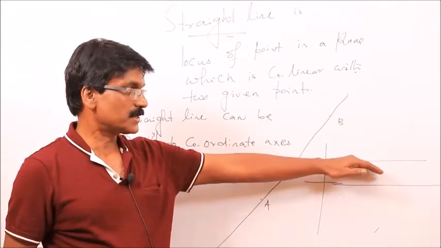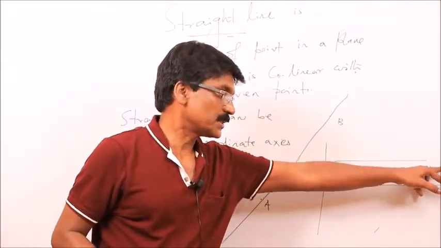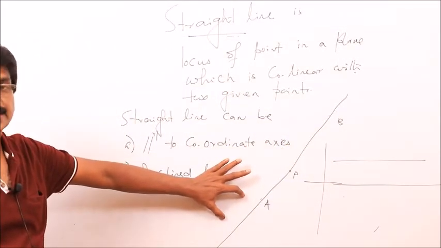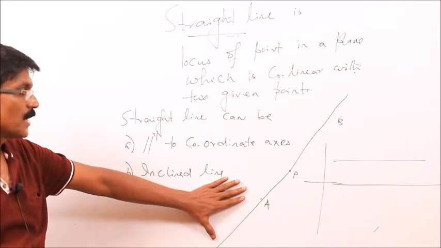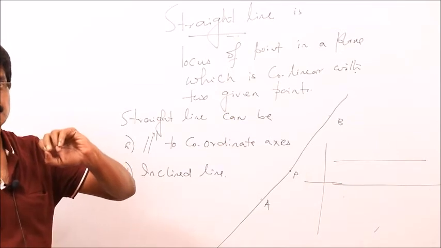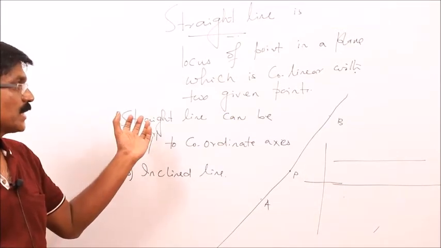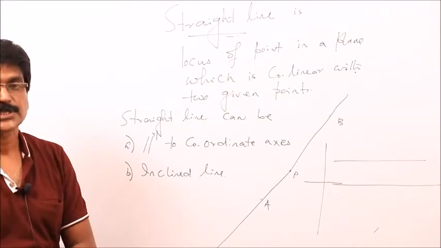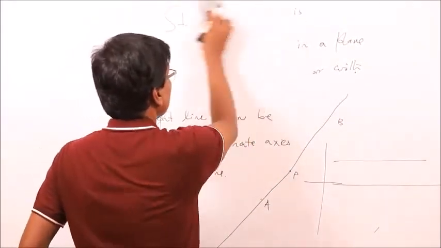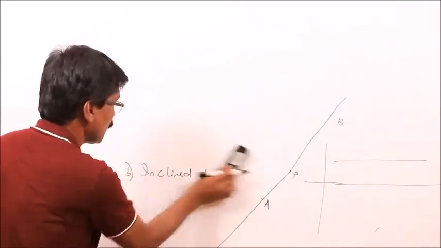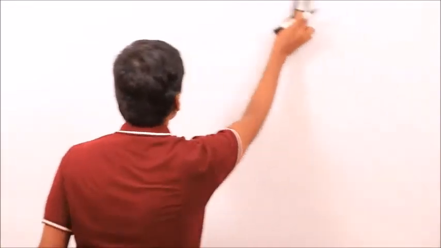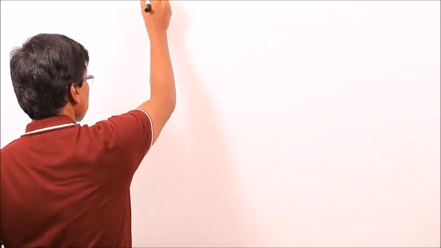Either it is parallel to the x axis, or parallel to the y axis, or the straight line is an inclined line. Here it is an inclined line. The next part is we will find the equation of a straight line. How to find the equation of a straight line?